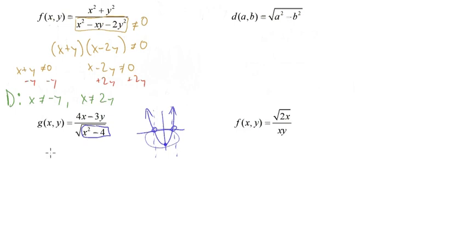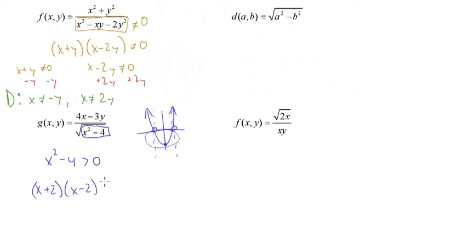Well, let's factor it out. That x squared minus 4 has to be greater than 0. We've excluded the imaginary numbers, and we've excluded 0 in our denominator by not having or equal to here at the bottom. So we'll factor out to x plus 2 times x minus 2.